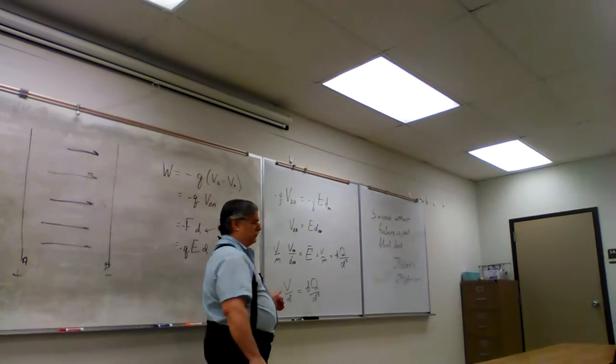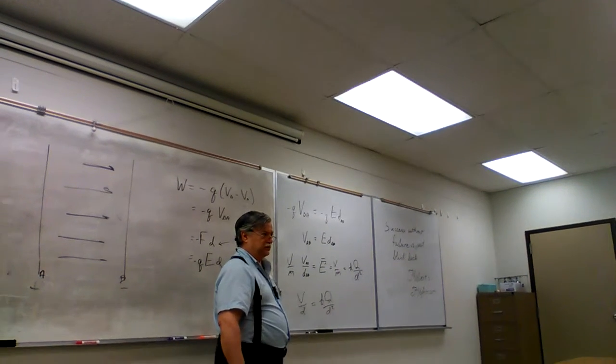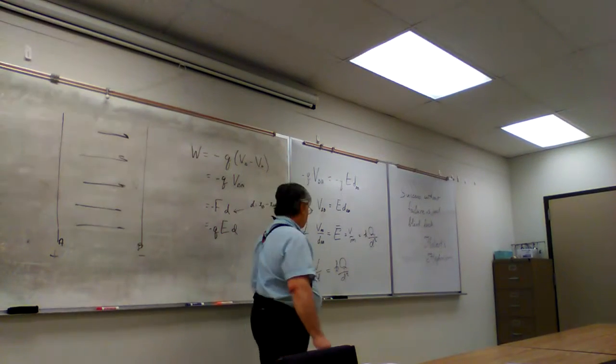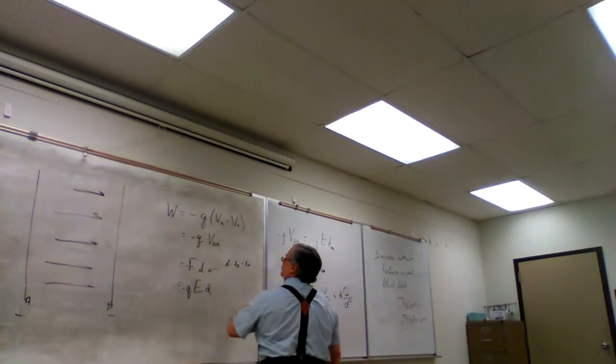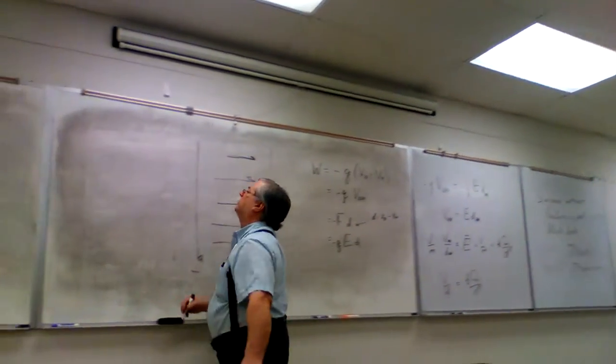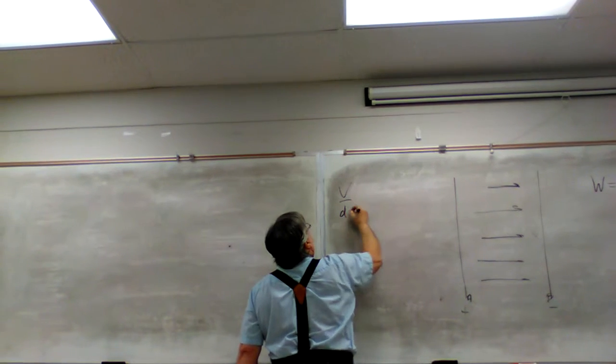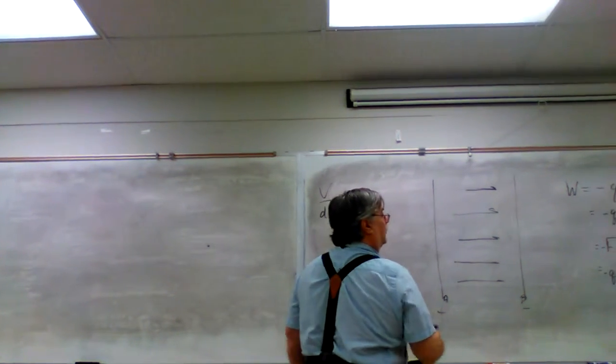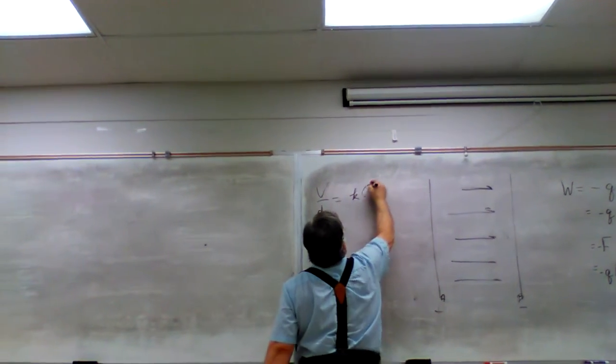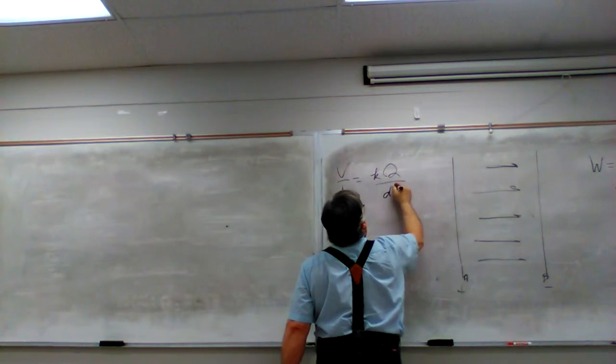Well, what happens if we multiply both sides by that distance? We've got volts divided by distance is equal to KQ over D squared.